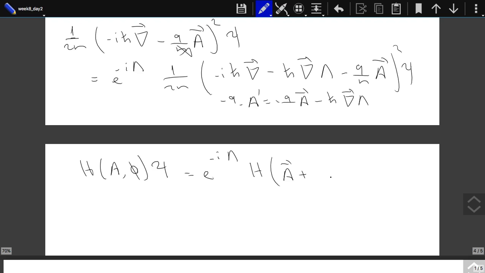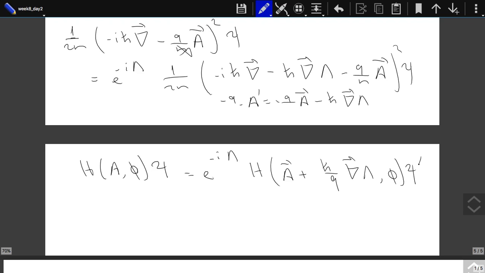Plus h bar over q, gradient of lambda, phi acting on psi prime. So the effect of multiplying by the phase is, in a sense, just changing a with the gradient of a function.